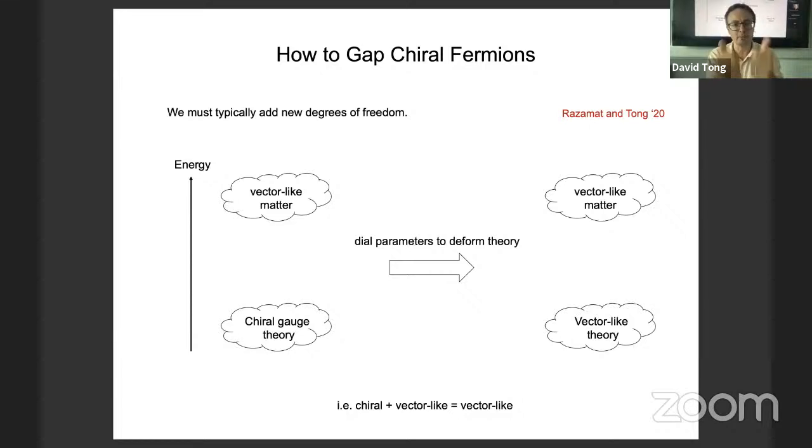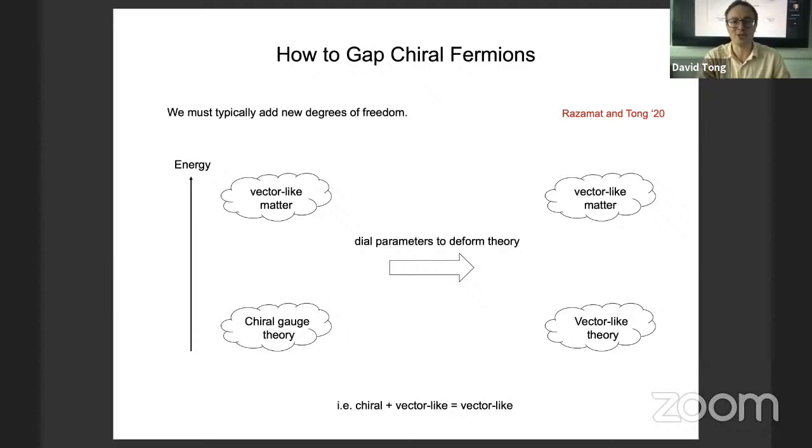But we want to find a situation where you end up with something vector-like. But by the way, the schematic equation at the bottom is true simply because the right way to classify anomalies, or symmetries, is through the 't Hooft anomaly. And by definition, a chiral theory has a 't Hooft anomaly which is 0, just as a vector-like theory.